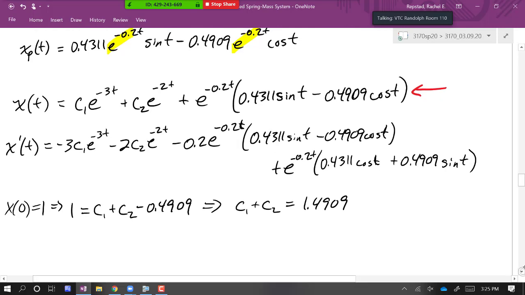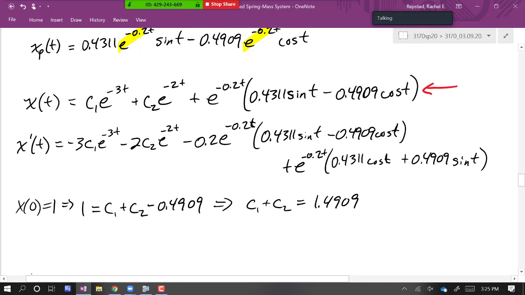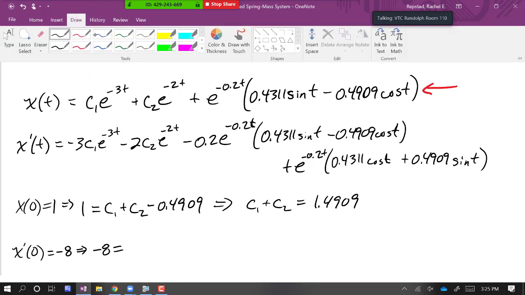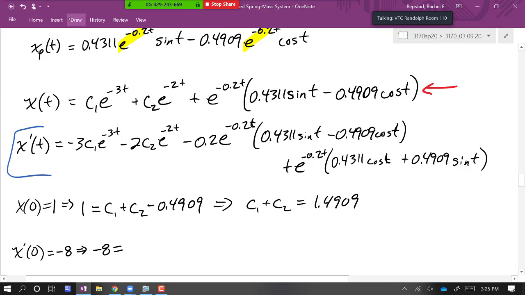And x prime of 0, that was negative 8. Okay, so this time we're plugging into this one. So we have minus 3c1, minus 2c2.